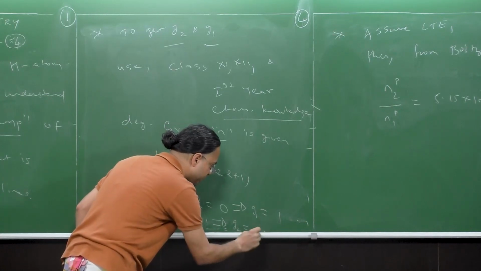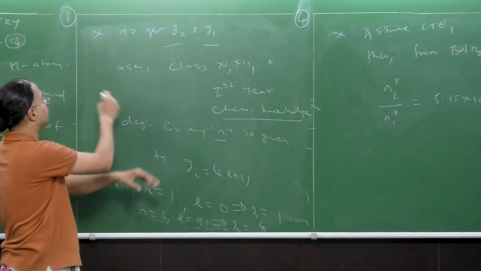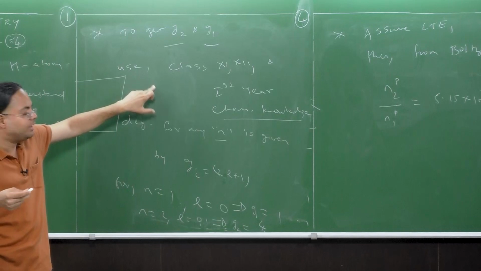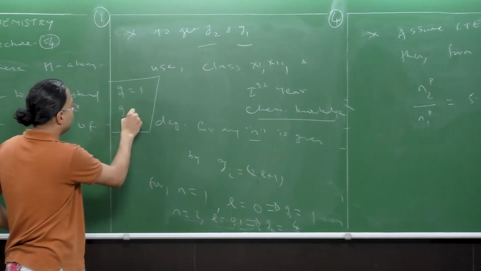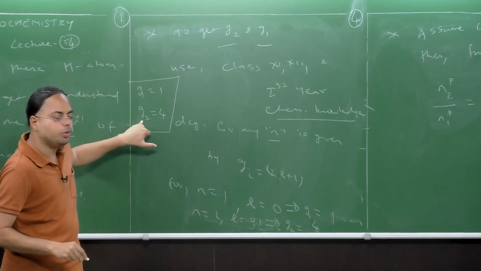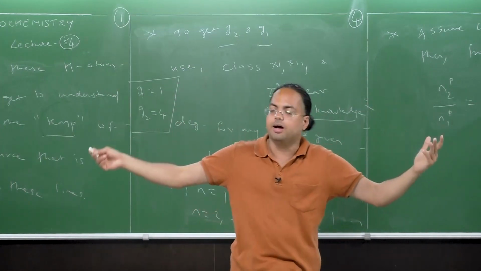I'll write it down properly. So I'll write the summary here. Based on your class 11 and 12th and general chemistry knowledge, G1 is equal to 1 and G2 is equal to 4. How did we get G2 equal to 4? Because the n equals 2 level corresponds to both p and s orbitals.